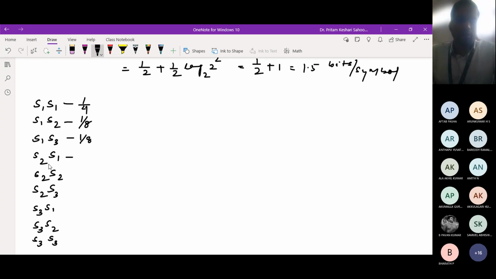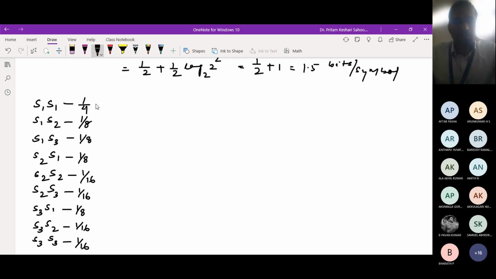Then 1 by 4 into 1 by 2 is 1 by 8. Then 1 by 4 into 1 by 4 is 1 by 16, again 1 by 16. Then 1 by 4 into 1 by 2 is 1 by 8. Then 1 by 4 into 1 by 4 is 1 by 16, and again 1 by 16.